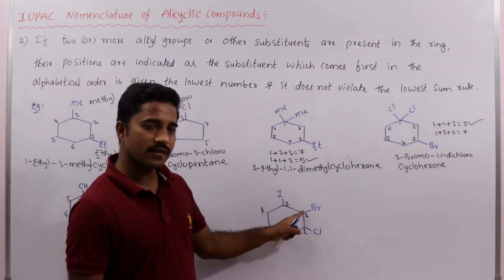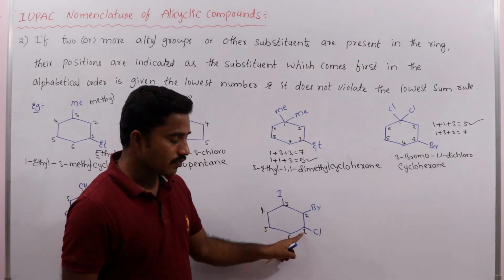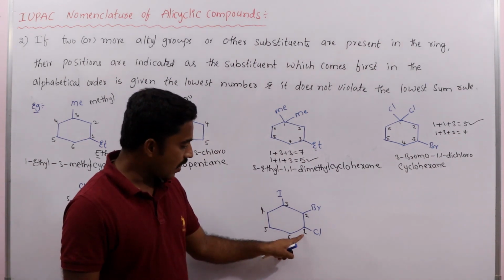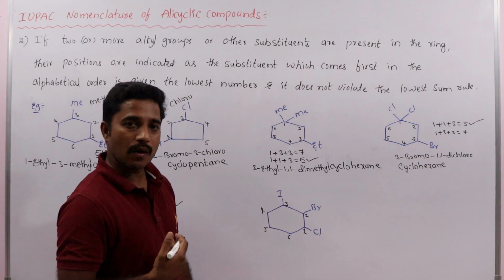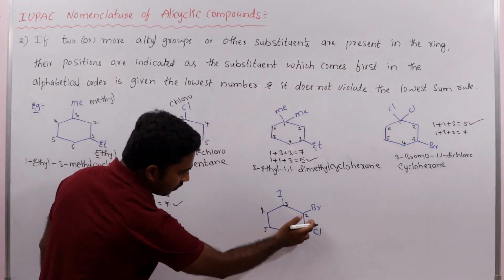Here we are following the chlorine, because the bromine is present in the middle of the iodine and chlorine. If you give the numbering the other way, 1, 2, 3, 4, 5, 6, more numbers are coming for the substituents. That's why we follow this way: 1, 2, 3. While giving the name, we compulsorily have to follow alphabetical order. Which one will come first?